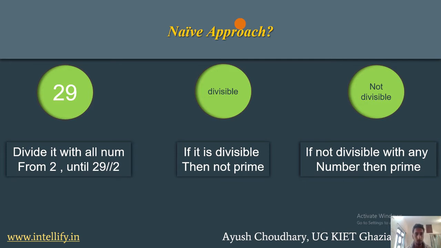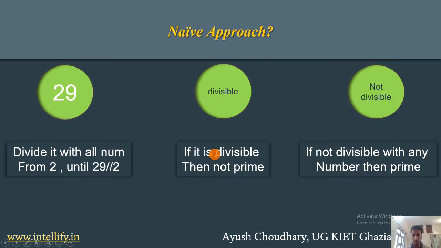This is the very naive approach, and the time complexity of it goes very high. If I use a very high number, like let's say 1 lakh, that will take a lot of time, so we don't want that.